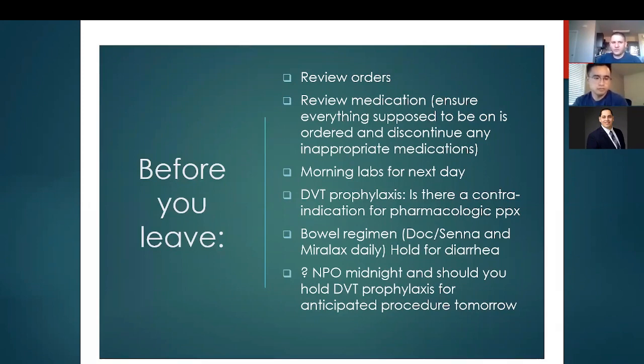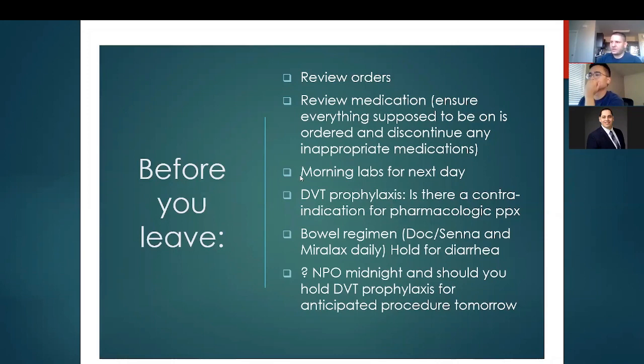If he has a DVT, make sure the heparin order didn't fall off and he's still on that. If someone is on some sort of maintenance medication that needs to be given, make sure it's already ordered. Sometimes you have someone who's on 3 blood pressure medications, and right now his blood pressure is soft. Maybe you need to hold off a little bit on some of his medication. So that's how you review the meds.